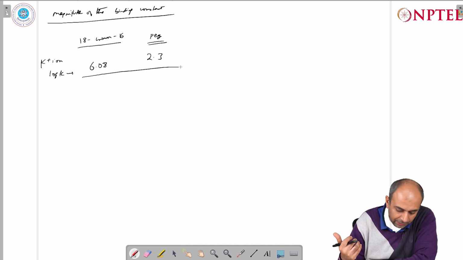And then people have tried to modify the ether further so that they can enhance the magnitude of the binding constant.